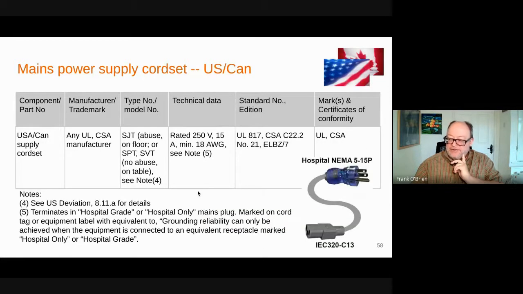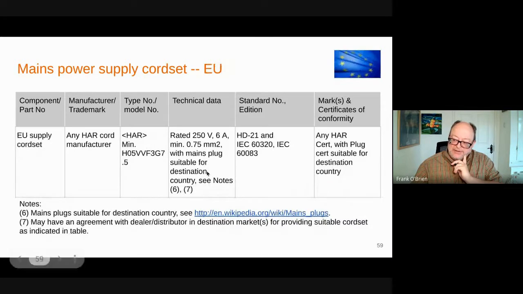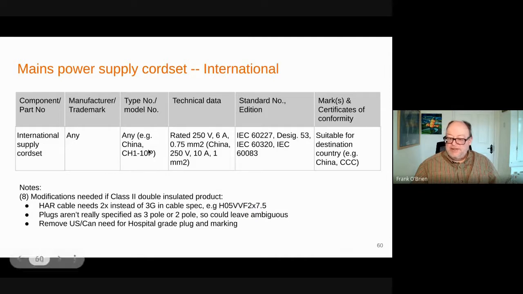So this was the North American. This is kind of the EU HAR cord. And then there's a generic, what is it, IEC? Yeah, 227 and 320.